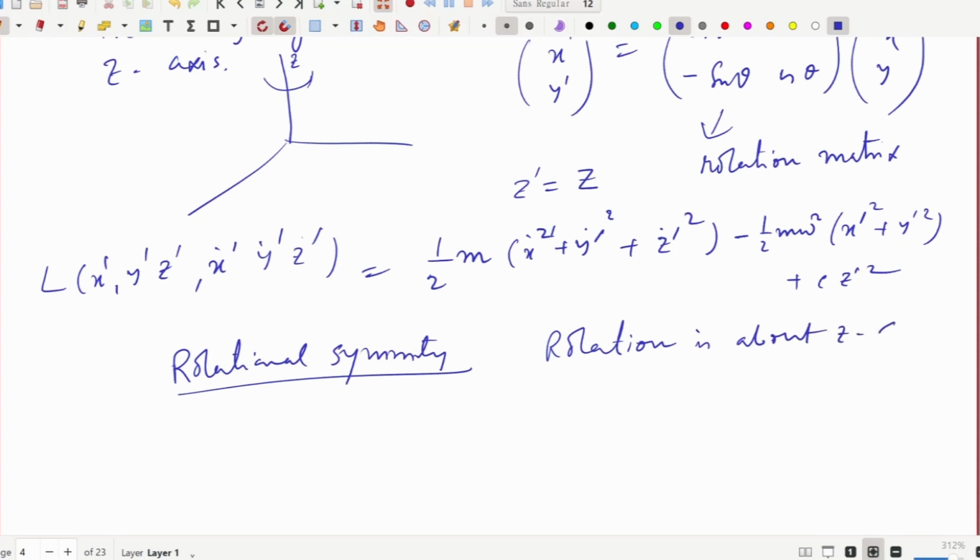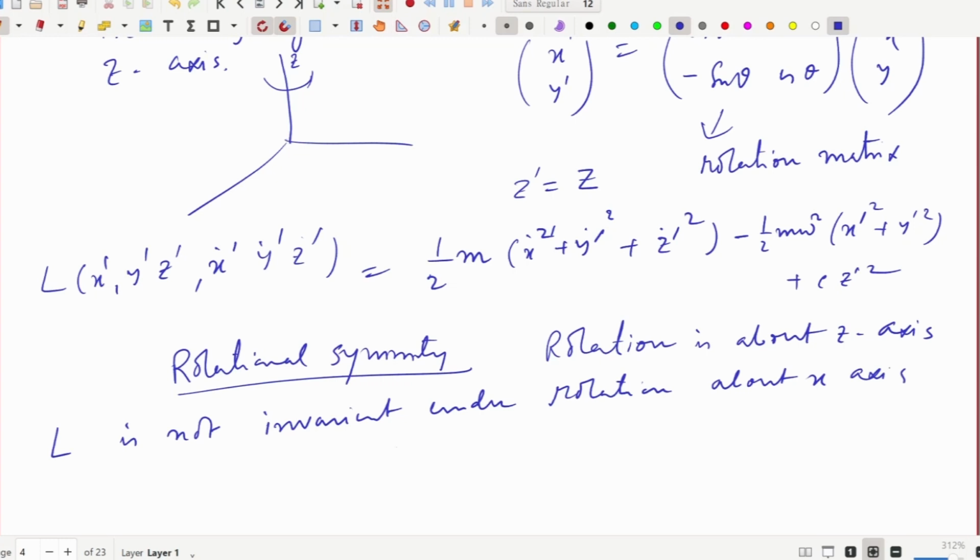This is the rotation about the z axis. But you can verify yourself that this Lagrangian L is not invariant under rotation about the x axis or y axis.